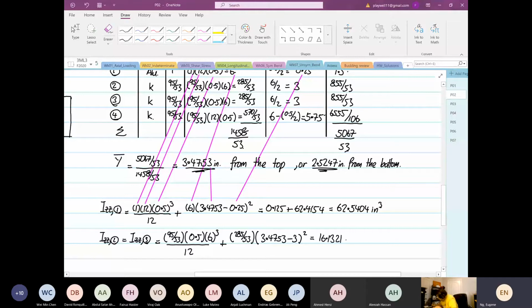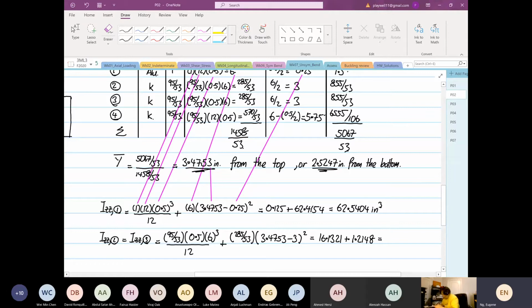So this is equal to 16.1321. Let me check again. 95 over 53 times 0.5 times 6 power 3 divided by 12 is 16.1321, plus 285 over 53 multiplied by (3.4753 minus 3) squared is equal to 1.2148.